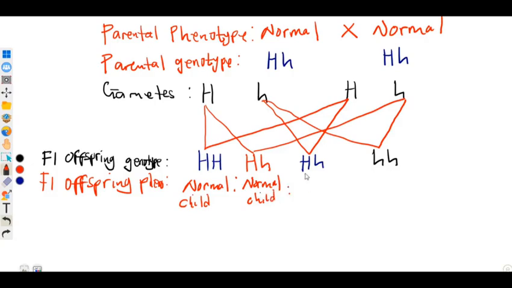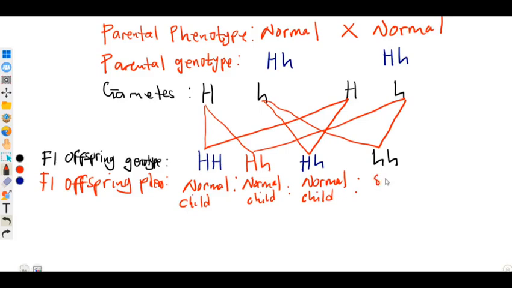So we come to this one again. This one is also a normal child. Then we come to this one, which is having recessive alleles, which is homozygous recessive. So this one was a sickle child, the infected one. Okay.